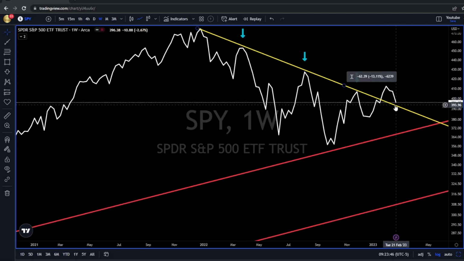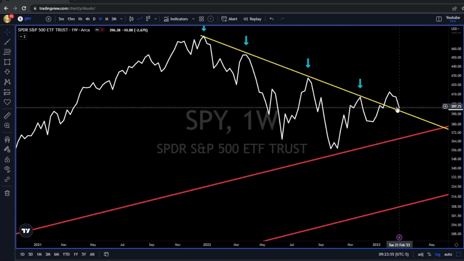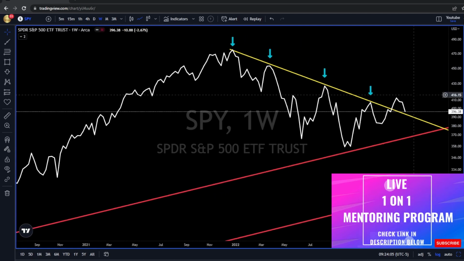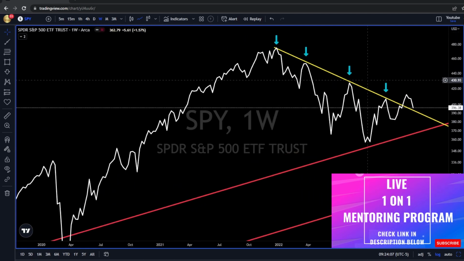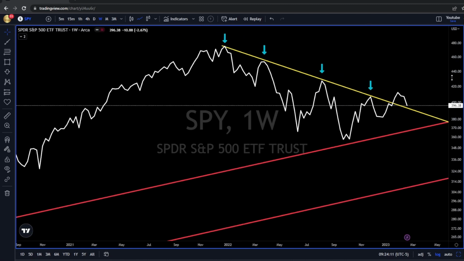If this trend line fails to hold on the weekly chart, look left. Where is the next potential support for price action? Previous low. This one here, 383. Failing to hold, we are going back to retest this red trend line. No other indicators are needed, not even volume, no other EMAs or any other indicators.